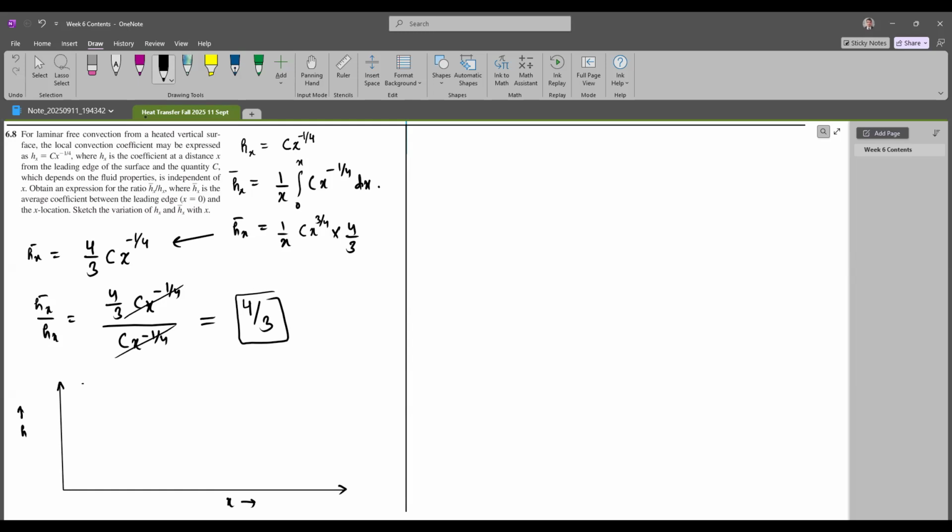This would be hx, and on top of it, because hx bar over hx is 4 by 3, and going slowly near the lower bound, this would be the hx bar curve.